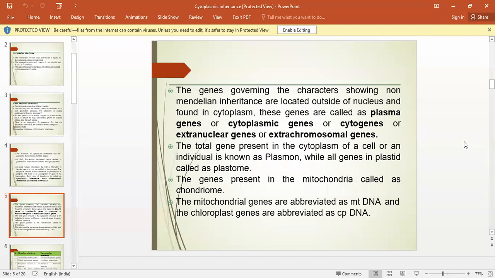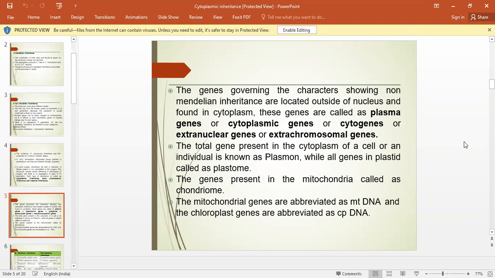Now next, the same thing I told you: the DNA present outside the nucleus is called extranuclear DNA or extrachromosomal DNA, present in the cytoplasm.